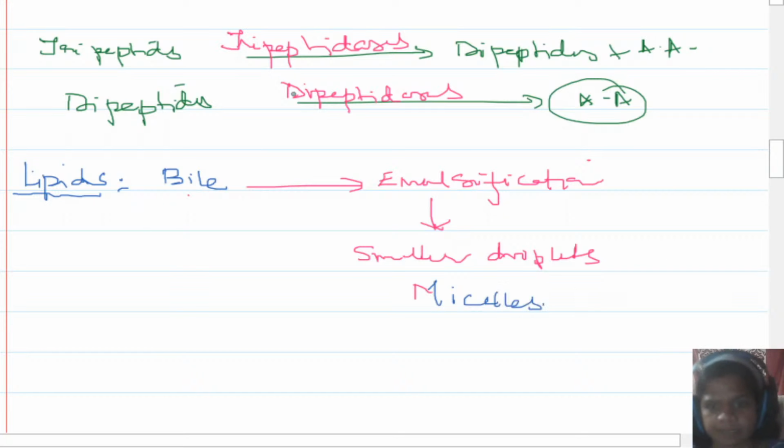Called the micelles. These are acted upon by the lipases present in intestinal juice and also the pancreatic juice.